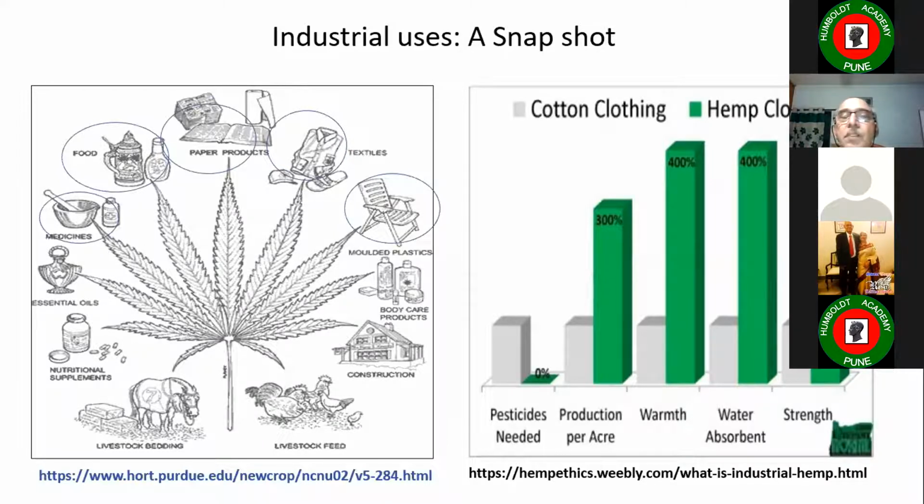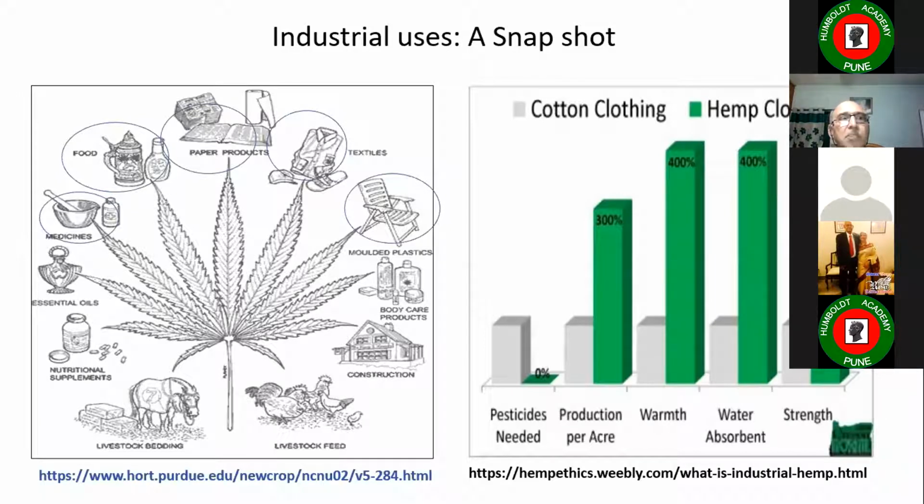Now coming to the right hand side of your screen, you can see the comparison with cotton and cannabis. Cannabis hardly needs any pesticides because no pest can attack it. It is so natural, it has adapted to nature, that it is widely used. It hardly needs any attention.